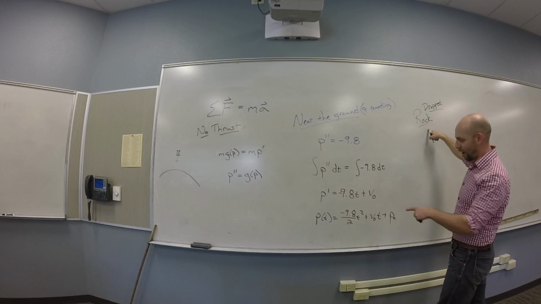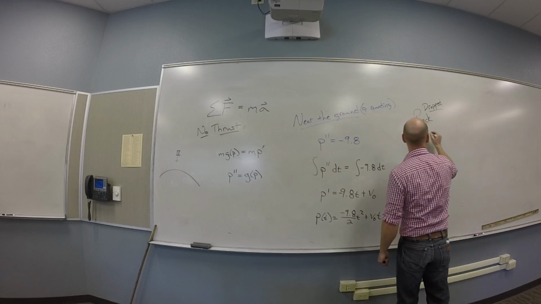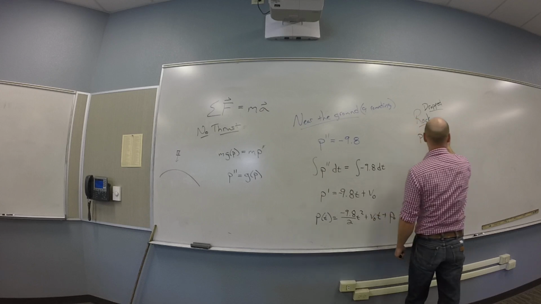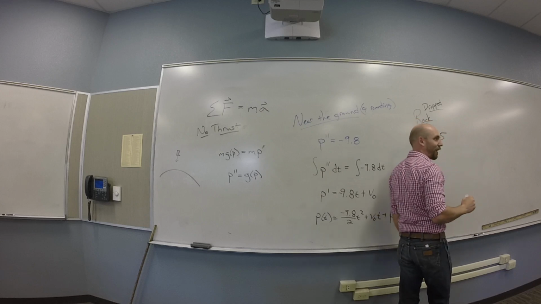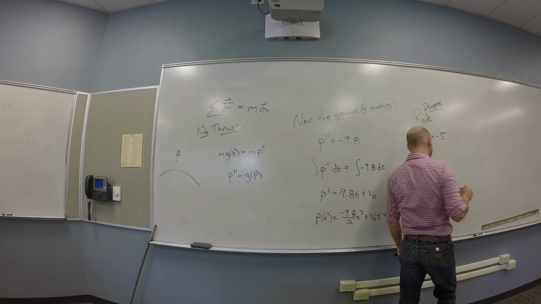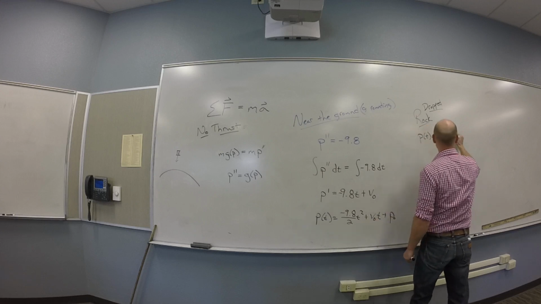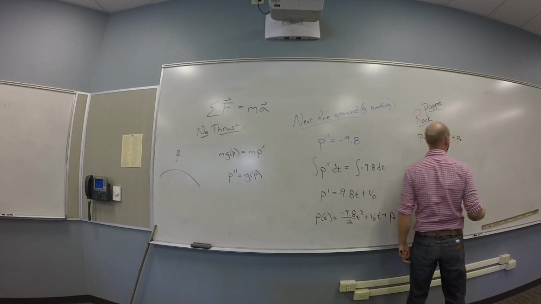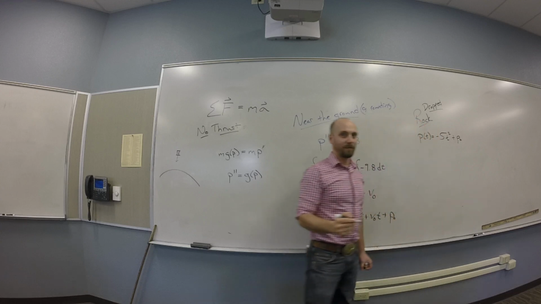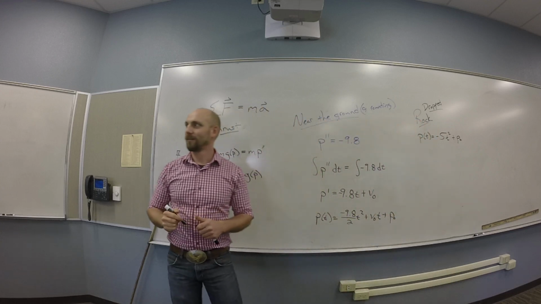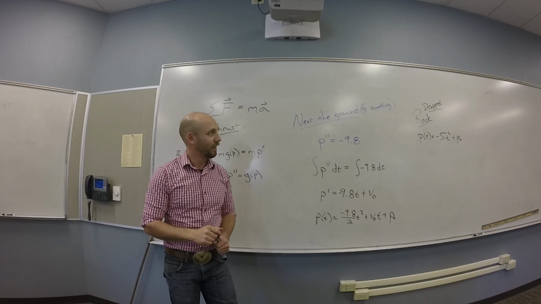So if you drop your rock, you're really looking at P of t is, and we're going to count, so we're rounding badly, minus 5 t squared plus p naught, right? Okay.